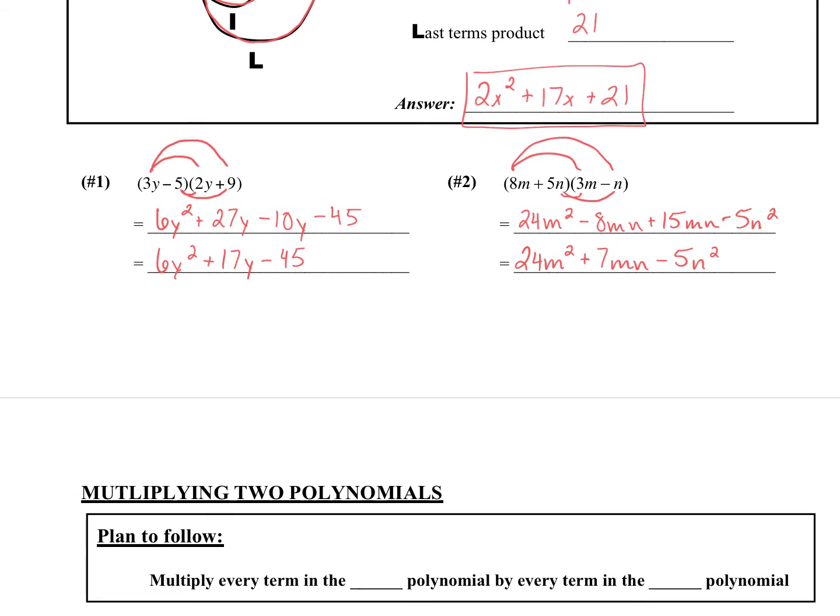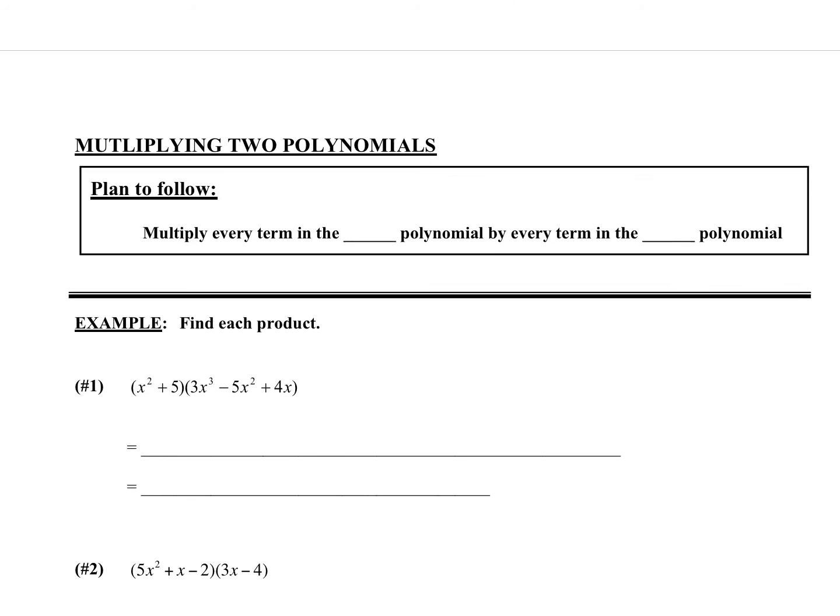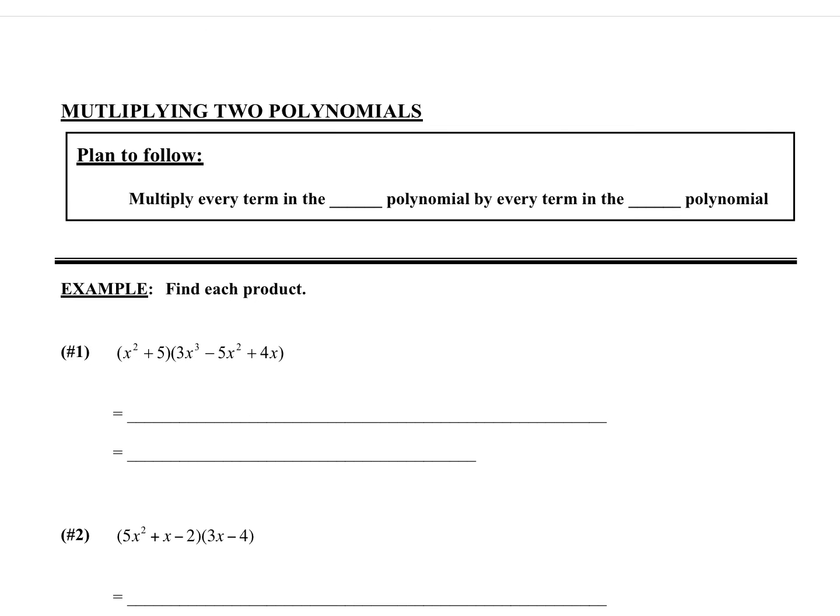All right, so now we'll talk about multiplying two polynomials. FOIL is only used when we're multiplying two binomials, but if we're multiplying two general polynomials, what we're going to do is multiply every term in the first polynomial by every term in the second polynomial, which is pretty straightforward.